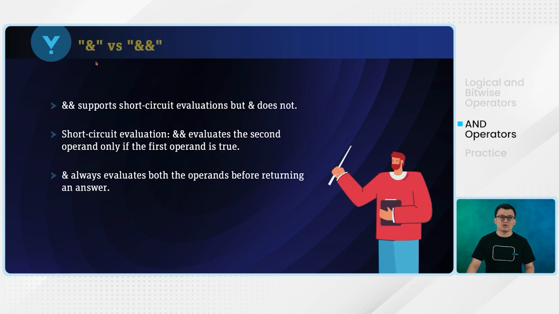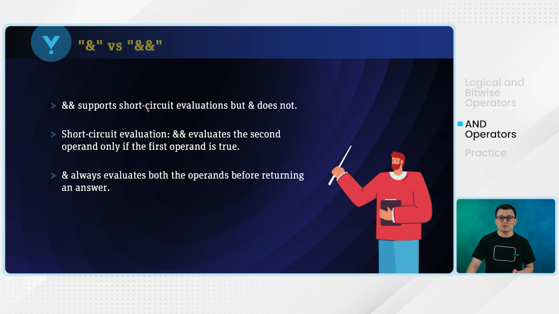And you should also know the difference between the bitwise AND and the logical AND operator. The logical AND operator is the one that is used a lot in conditional statements due to its ability to support short circuit evaluation. But the bitwise AND operator does not support the short circuit.